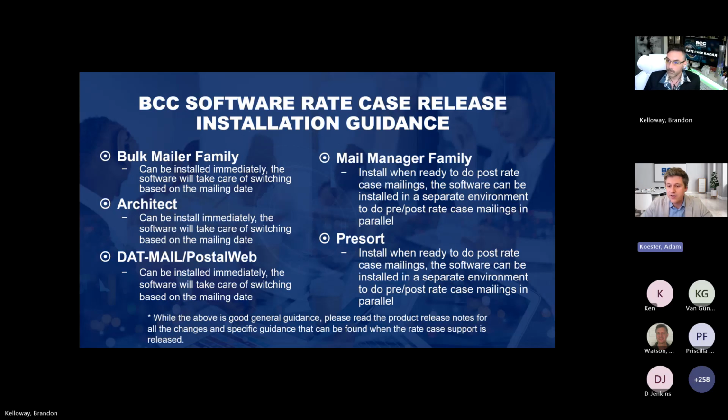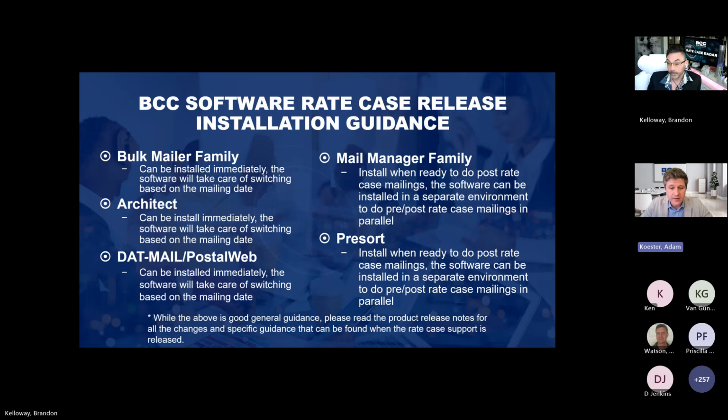For our Mail Manager family and our Presort family, those things are a little bit distinct. As soon as you get that piece of software that supports the rate case, that's the software that will for all future mailings now use the new rates. So just be aware of that. And if you are looking to use that earlier than you're ready to do live or production mailings with the rate case rates, you can install those things in a separate environment to get a little bit of a look ahead there.